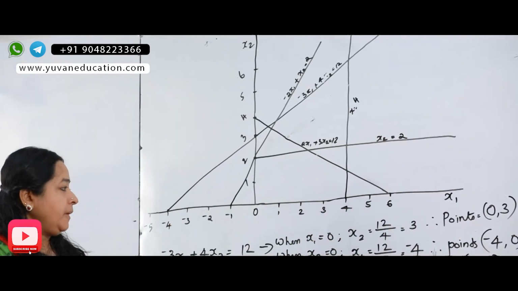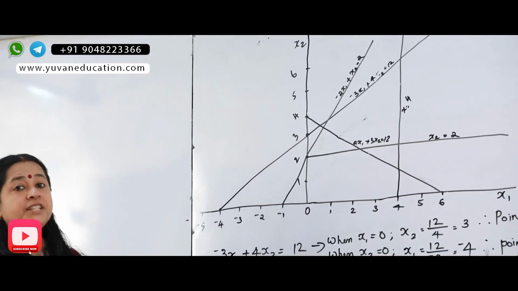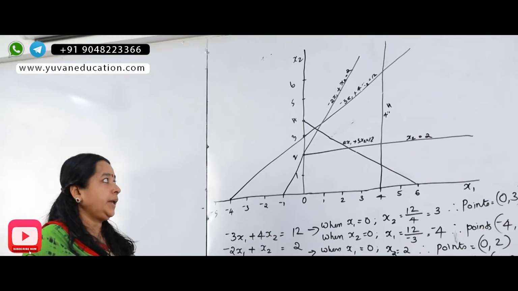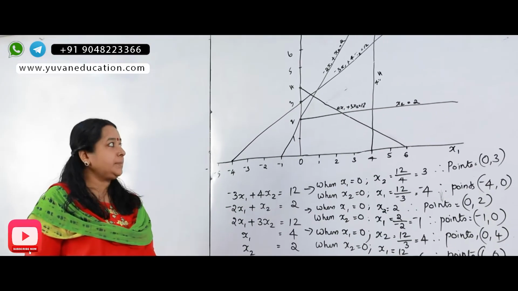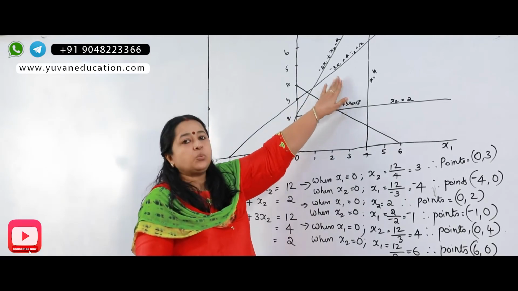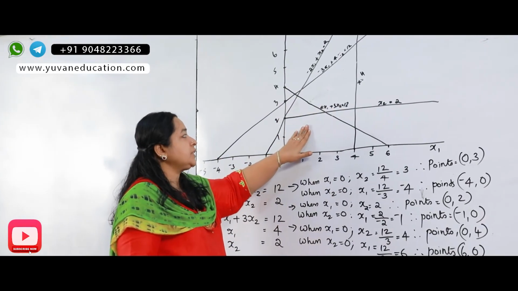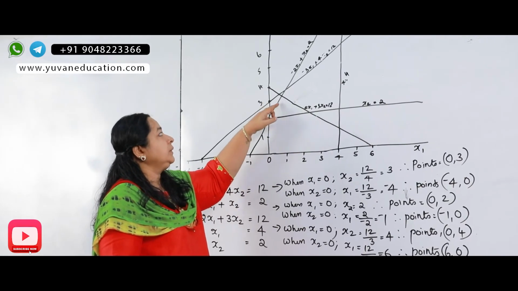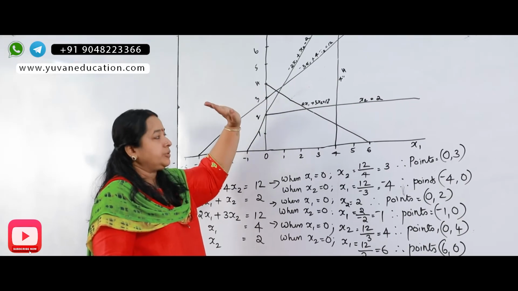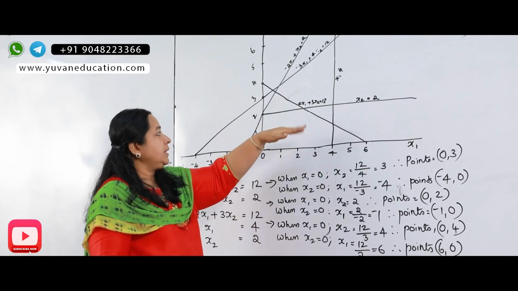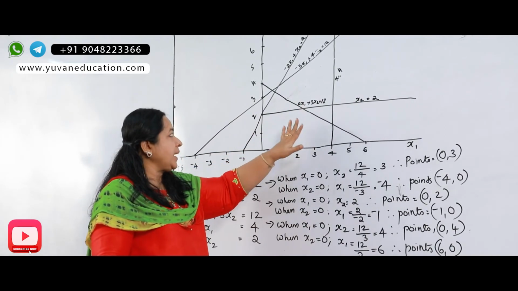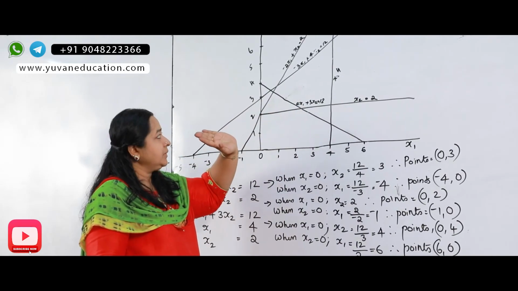Okay. Where you can find the feasible region? See here. Here the feasible region is this one. But here, if this is the feasible region, this line and this line out. Other lines okay, these 2 lines out.